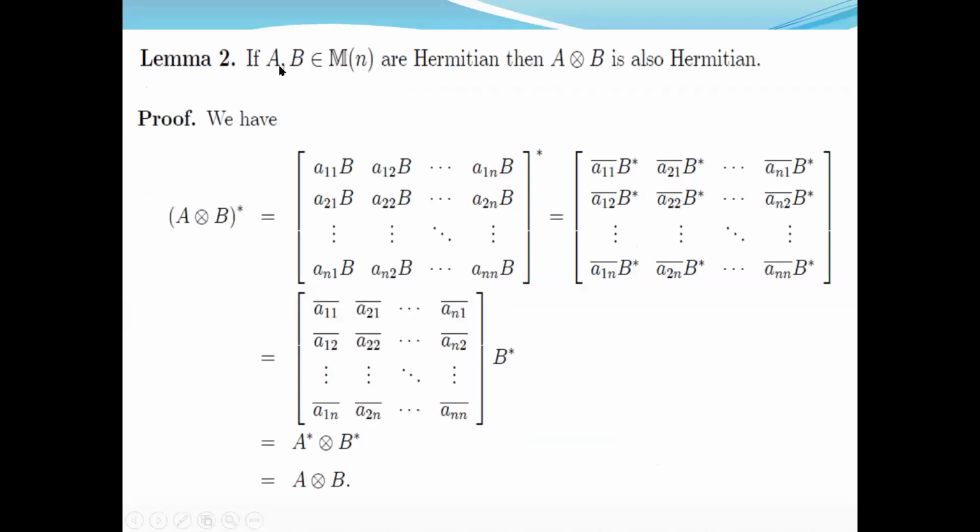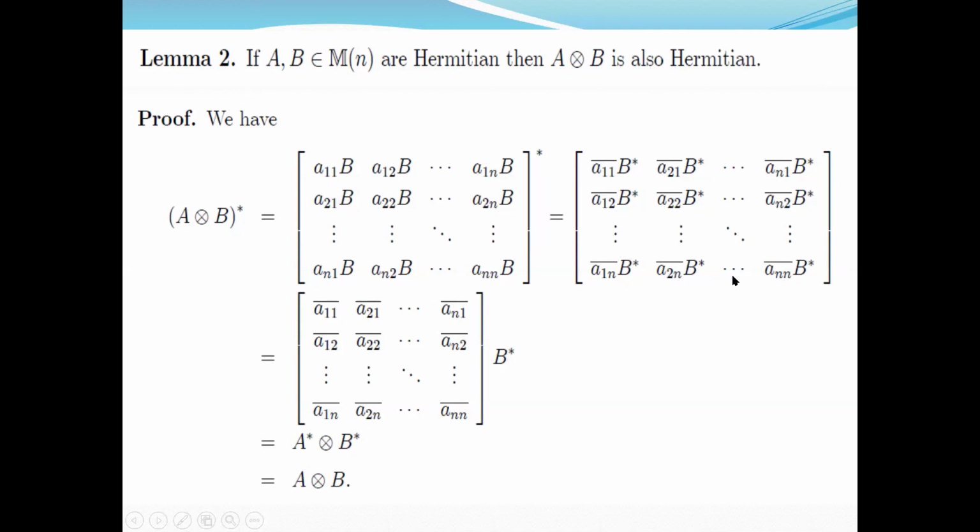Now we use this lemma also in the next theorem. If A and B are Hermitian, then their tensor product is also Hermitian. This is simple to check. A cross B, whole star. A cross B means A tensor product B. This, by definition, is this matrix, multiplying each entry of matrix A by B. Now taking the conjugate transpose, this will become this matrix: A11 conjugate B star, A21 conjugate B star, and so on.